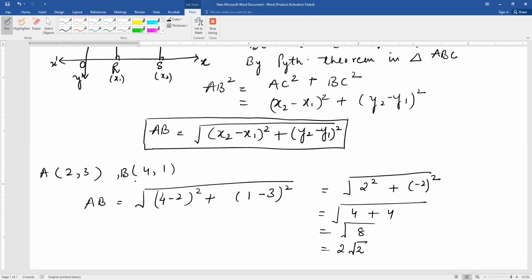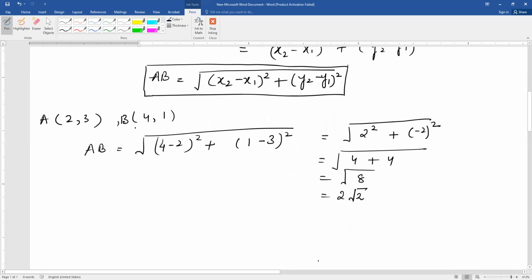I hope you might have understood this application of distance formula. By applying this formula, you can find any distance. Let us take one more example.